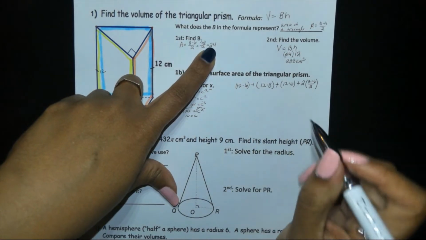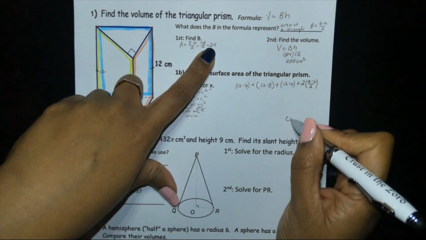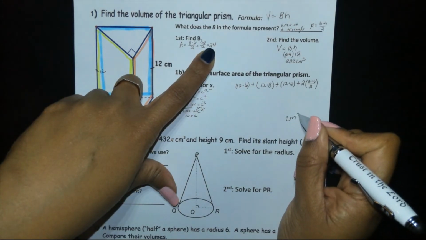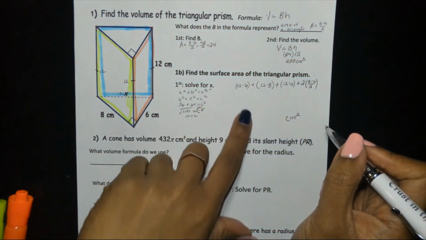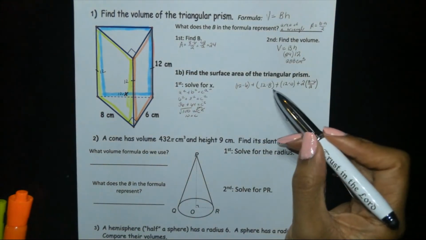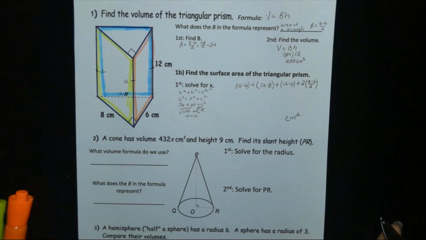When you're done, you need to make sure that your answer is in centimeters, and not the inside but the outside. So this is going to be centimeters squared. Okay, I would like for you to complete this, so when I check your notes, I'm going to be looking for the complete answer and that you have shown your work. Okay, and also don't be afraid of a big number. All right.